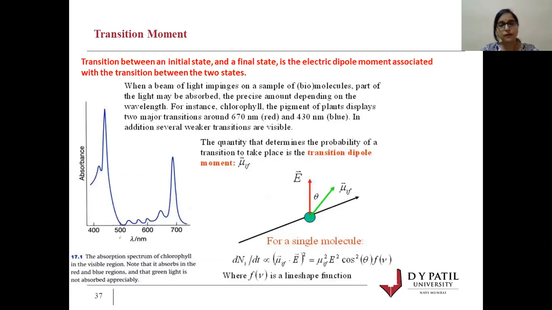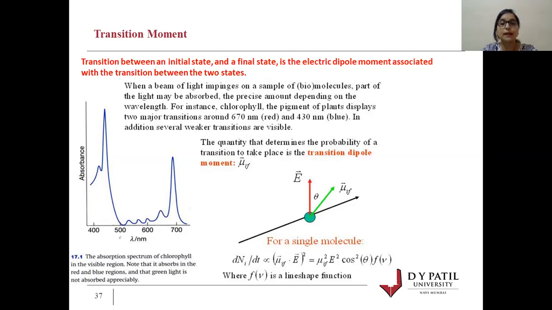Again, the very next and related term is the transition moment, also known as the transition dipole moment. The transition moment is between the initial state and the final state, and is the electric dipole moment associated with the transition between these two states. For example, when a beam of light impinges on a sample, part of the light may be absorbed, the precise amount depending upon the wavelength.